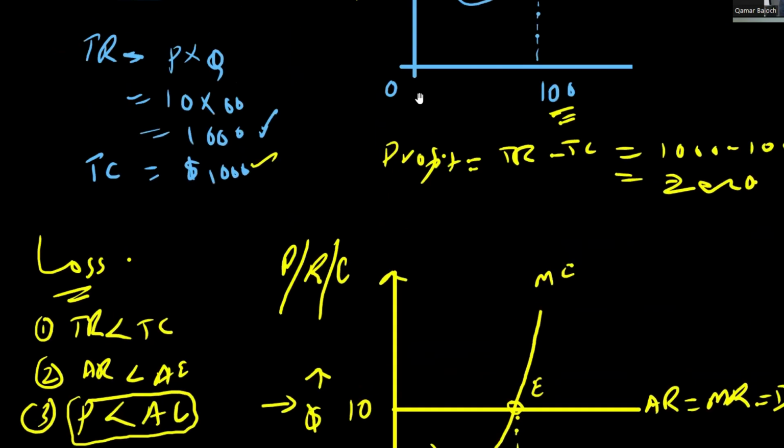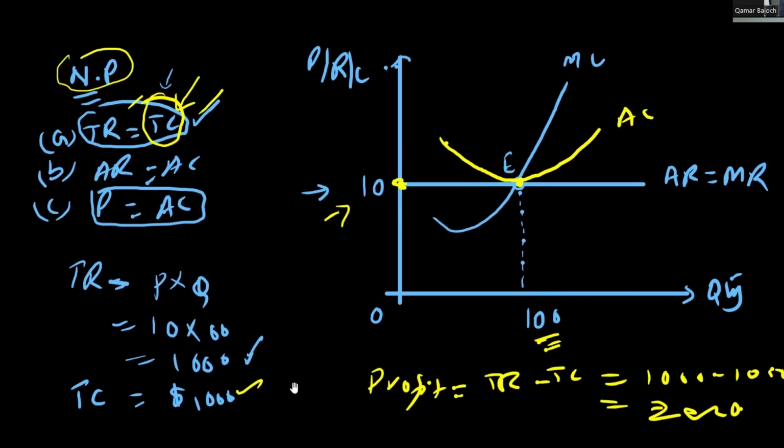And again, if we move back to the previous graph, the graph of normal profit, all the graph will exactly remain the same, just we will move average cost upward like this, right? So average cost will go above average revenue, or above the price line.